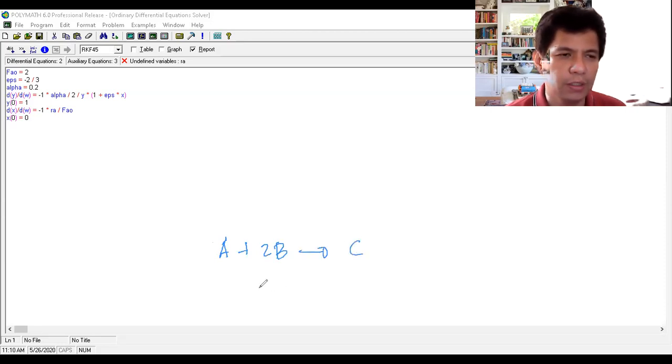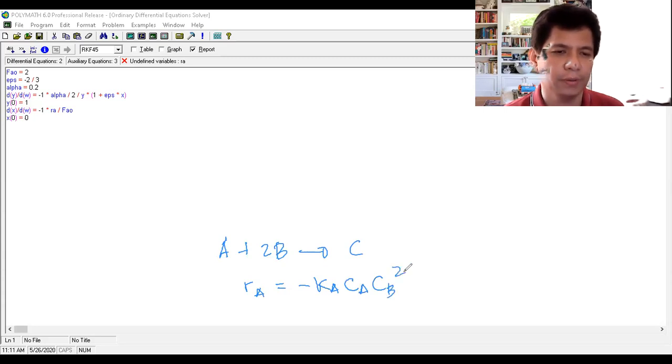So assuming that this is an elementary reaction, the rate of the reaction with respect to A is negative K sub A times C sub A times C sub B squared. So we're going to enter this equation in Polymath. We just stop annotating so we can enter it.